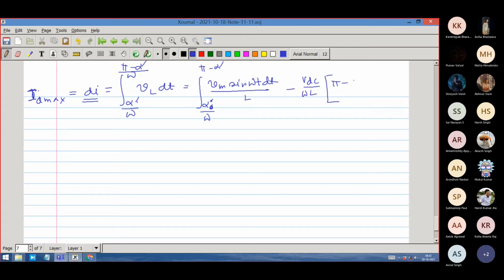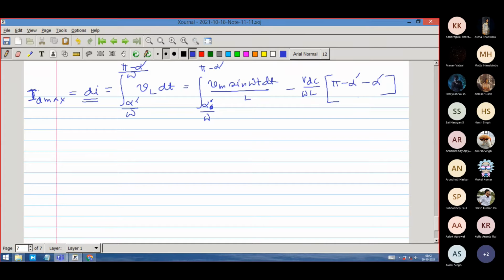So pi minus alpha dash minus alpha dash, right? So this is the amount the current has increased during this duration, alpha dash to pi minus alpha dash.